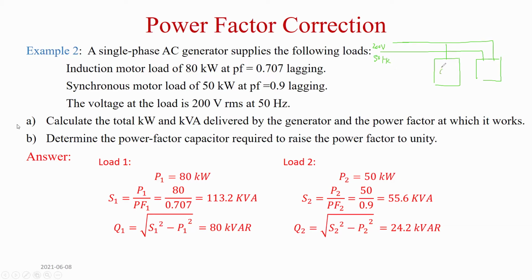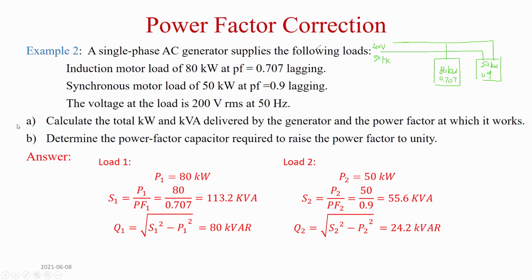This load, the first one, 80 kilowatt, 0.7 power factor. The second one, 50 kilowatt, 0.9 power factor. We want to find the total power, the total kilovolt ampere, so the total P, the total S, the power factor, both together. Then we're gonna find the capacitor that we need to raise the power factor to 1.